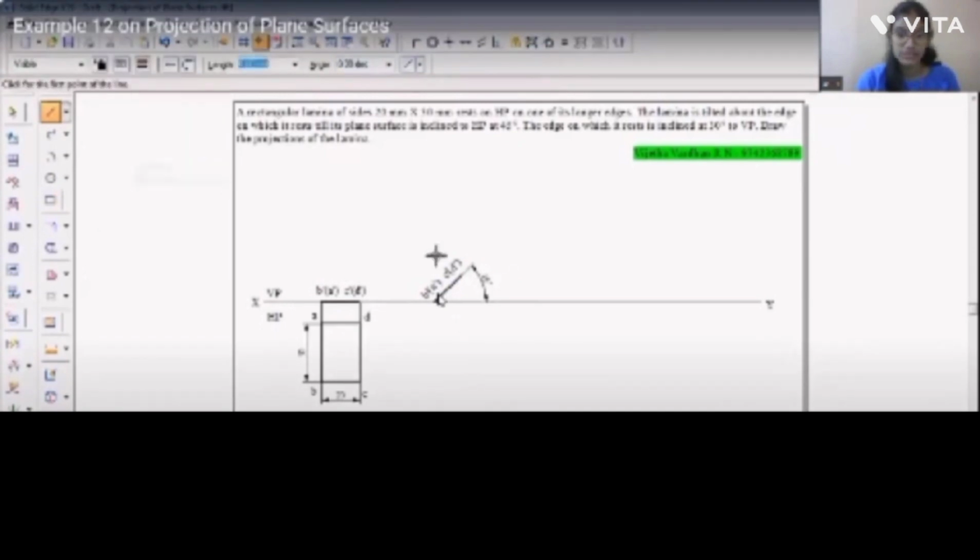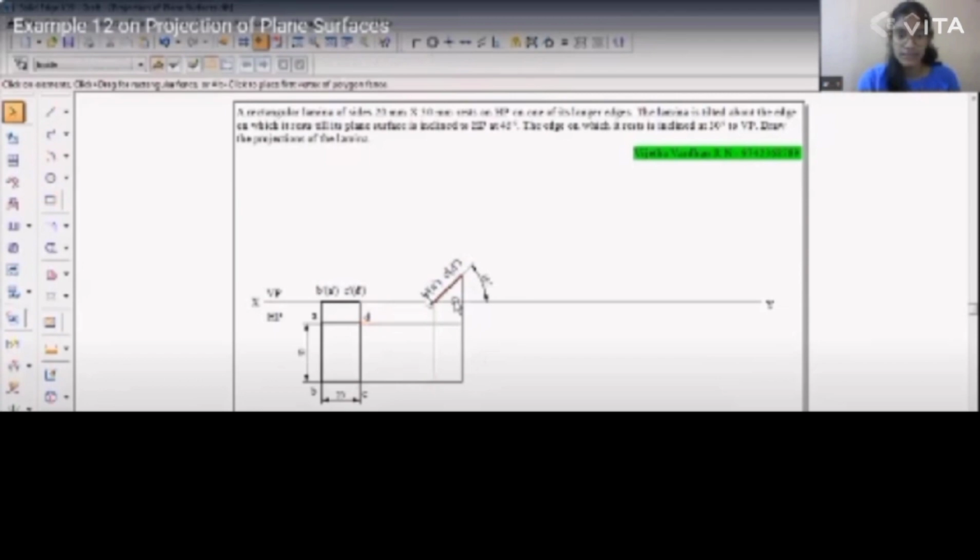Now, let's project the lines from the corners. I'm using the alignment indicator so that it will be easy. Project as it is. You can see A and B are projected horizontally as well as vertically.